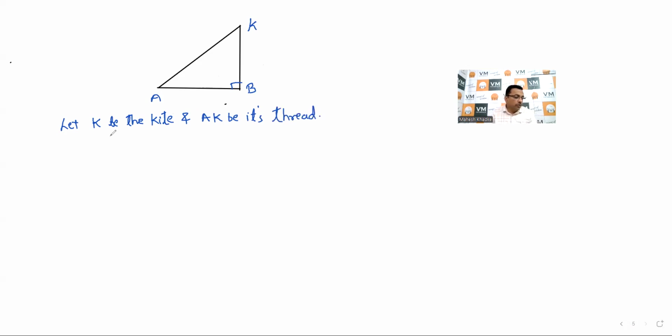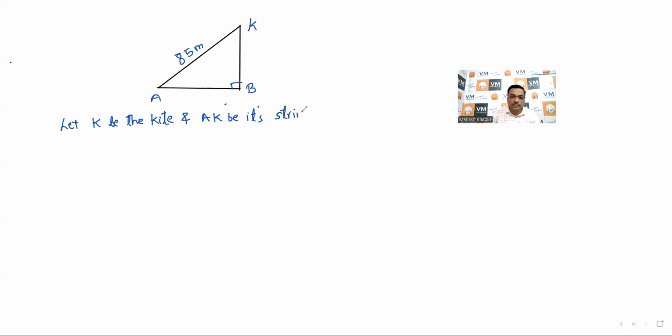So the question is the length of the string or thread between the kite and the point on the ground is 85. So this is 85 meter. Here the string is given, so write string. Whatever is given in the sum, write the same thing, no need to use your own mind.